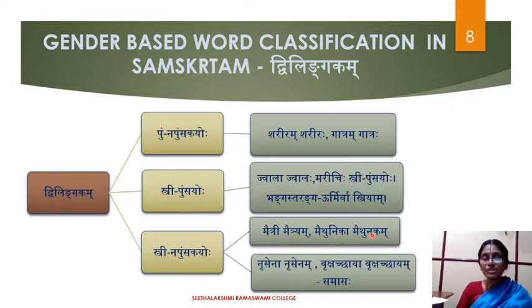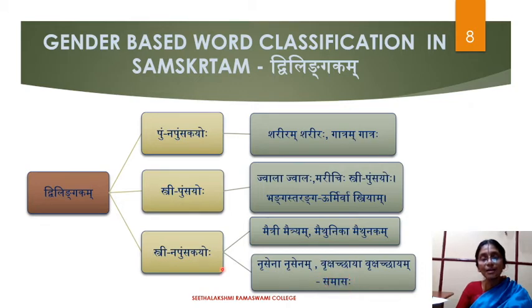So for a single lexical entry, Maitri and Maithunika, 2 genders, Strilinga and Napumsakalinga, were assigned. So you have Maitri and Maitriyam in feminine and neuter, and Maithunakam and Maithunika. So neuter and feminine. And now we also have another thing for samasas also.